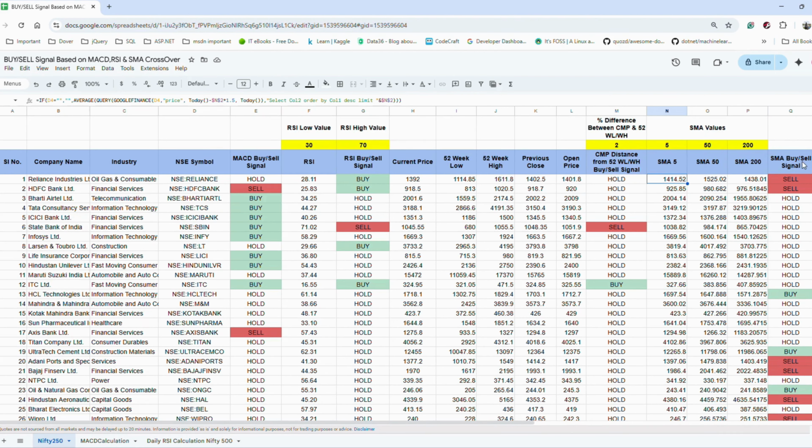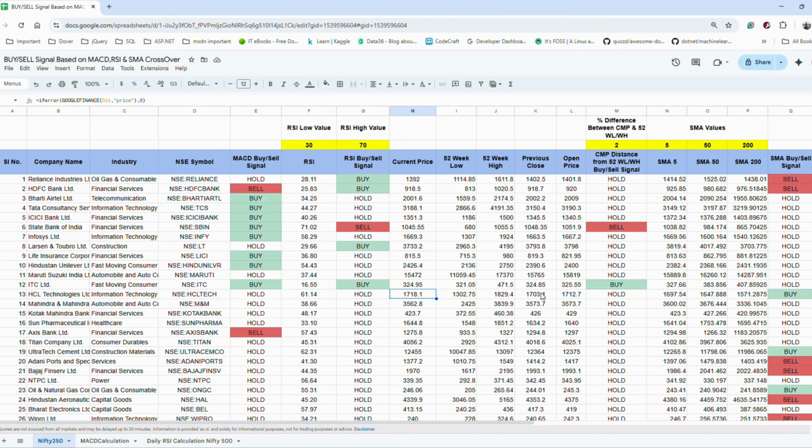For the SMA buy and sell signal, I'll tell about buy first. For the buy signal, we are checking if the current price is greater than its SMA 5, greater than SMA 50, greater than SMA 200, as well as the previous close.